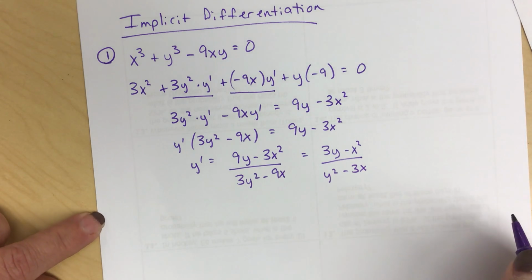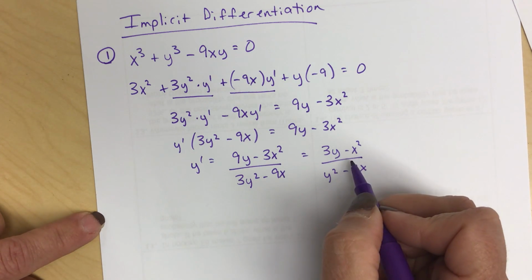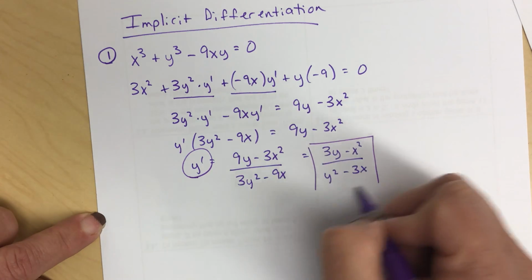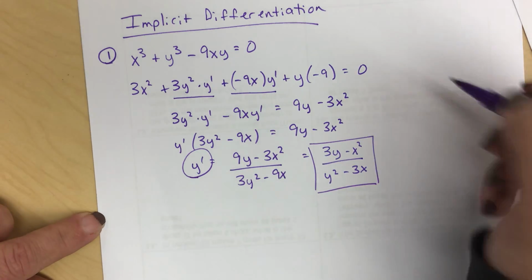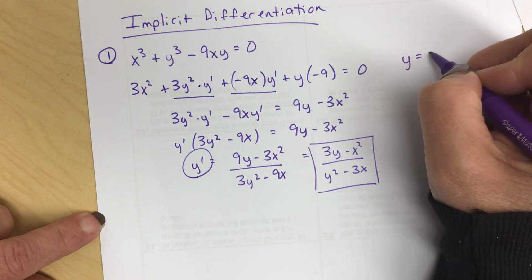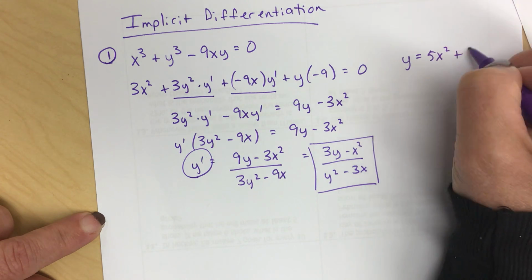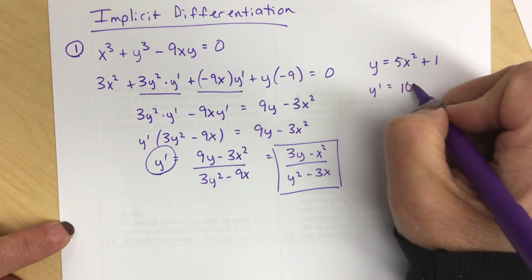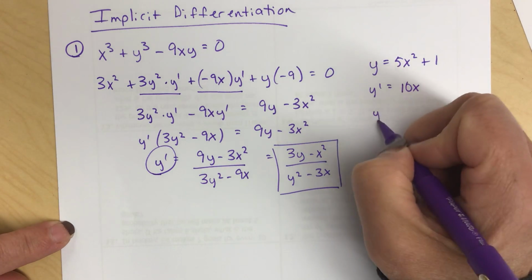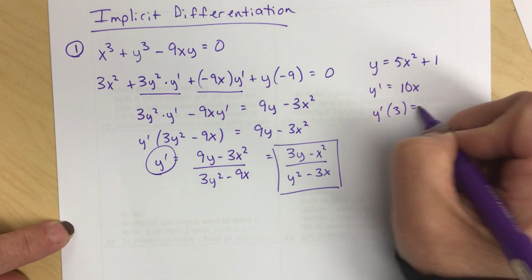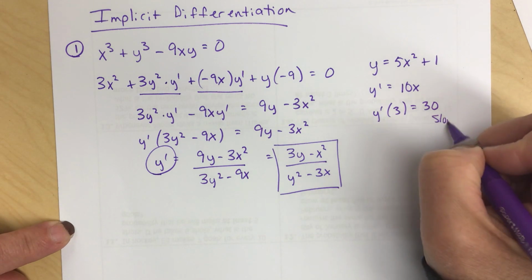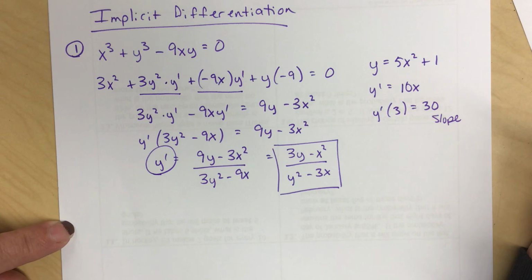So now you have a formula for the slope at a point. Remember, the derivative is the slope at a certain point. Before, if we had something as simple as y equals 5x squared plus 1, then y prime was 10x. And so y prime at 3 was 30, so that means your slope is 30 at x equals 3.